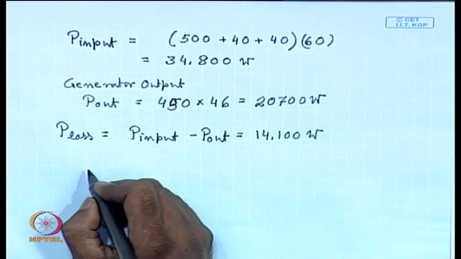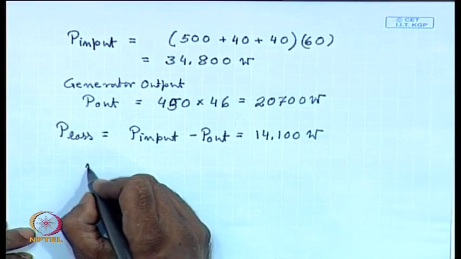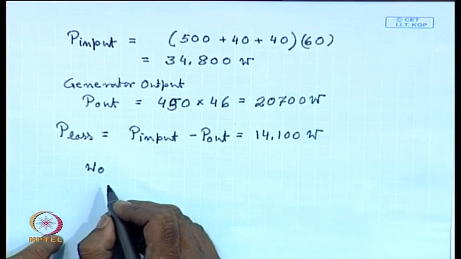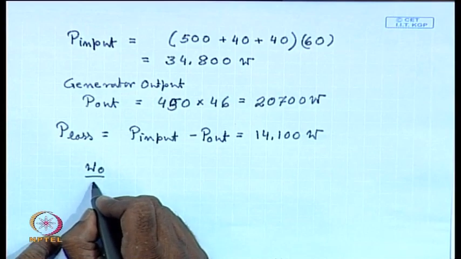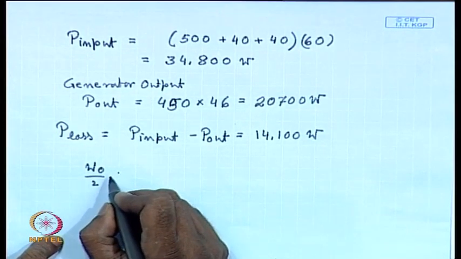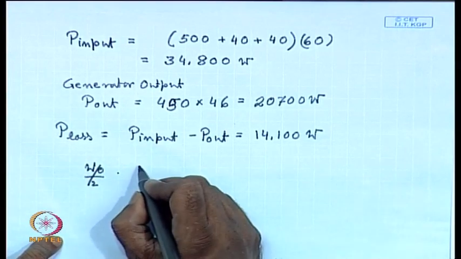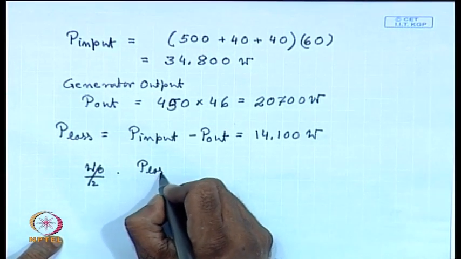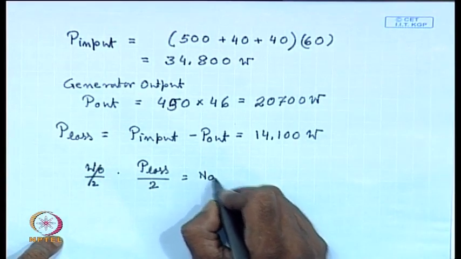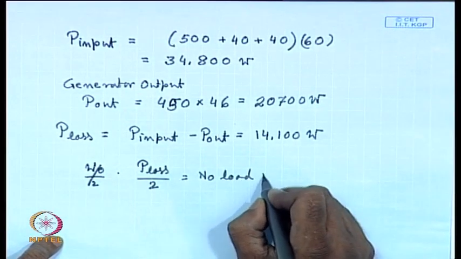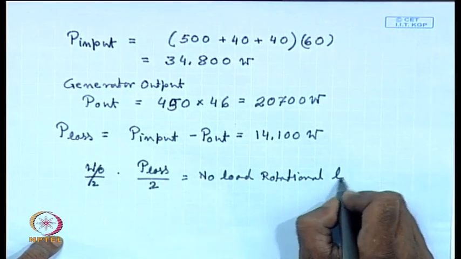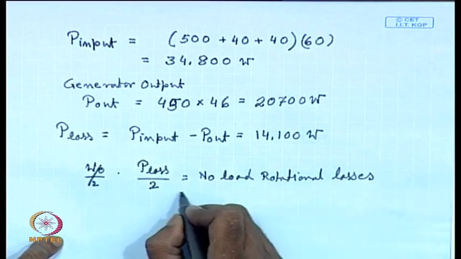So, no load rotational losses W 0 by 2 is P loss by 2.